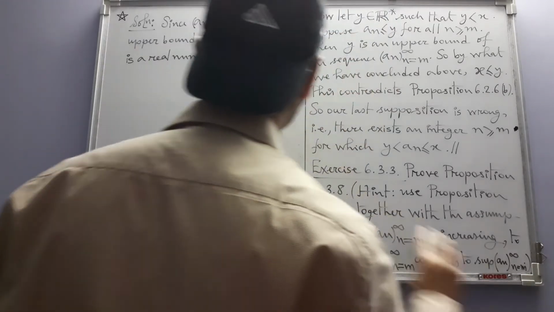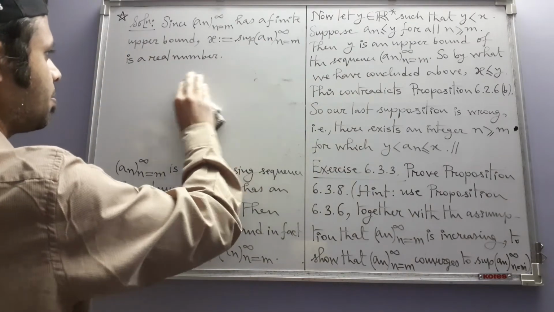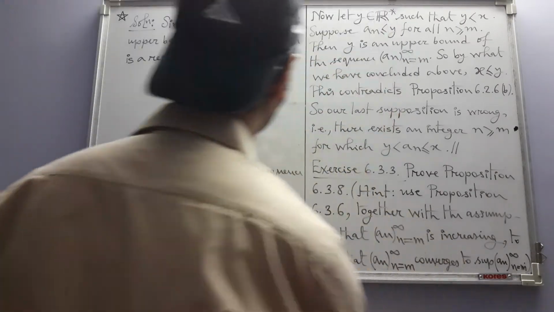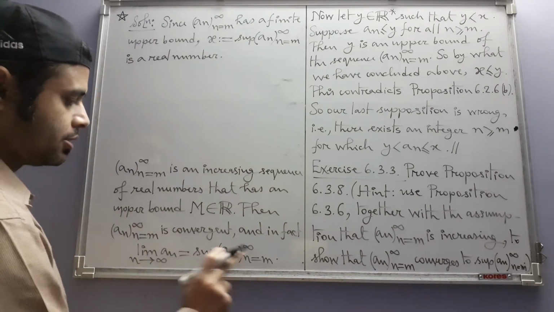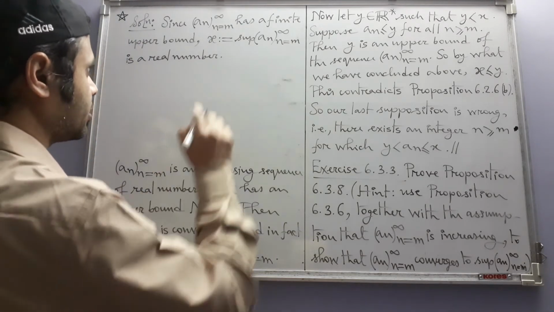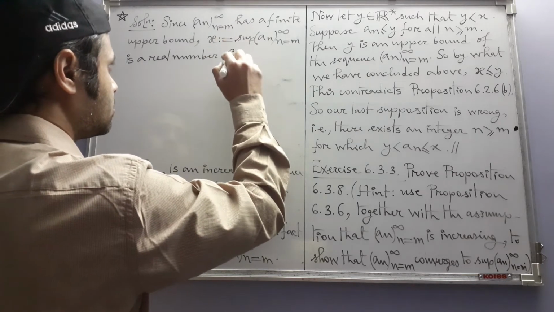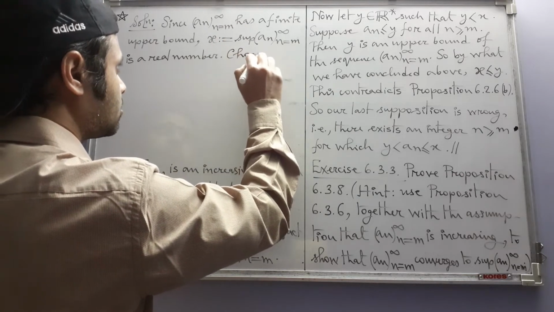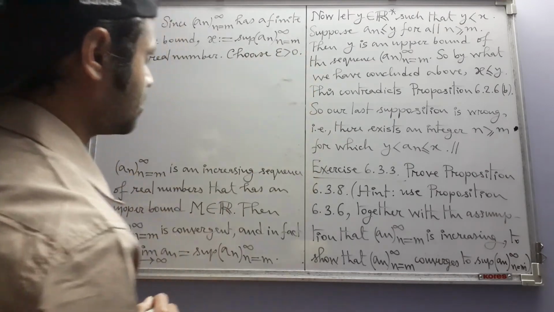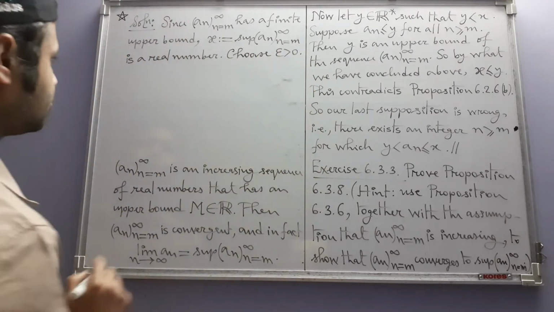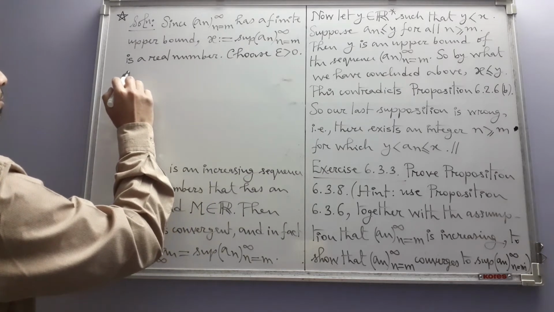Okay. Now we are going to have to show that the limit of this sequence is this supremum, or x. So naturally we start by choosing any real number epsilon that is positive.